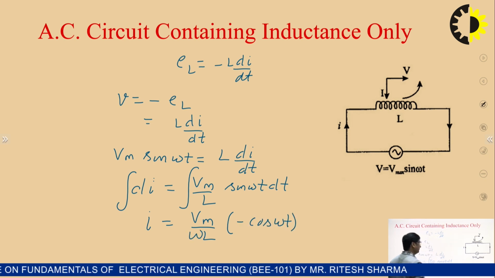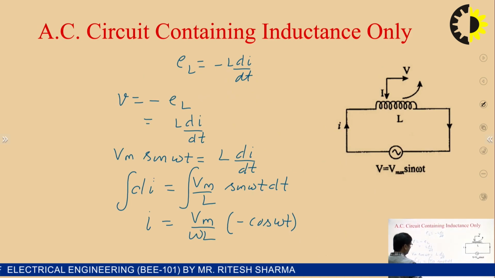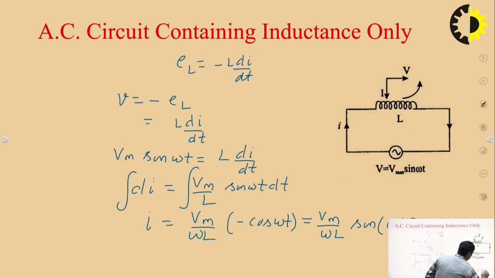So I equals minus cos omega t like Vm upon omega L into sine omega t minus pi by 2.